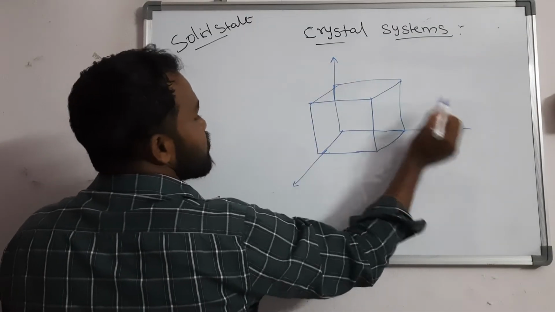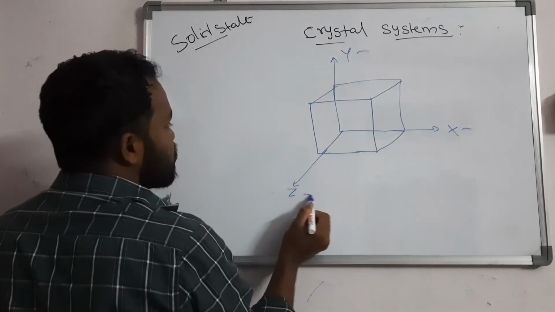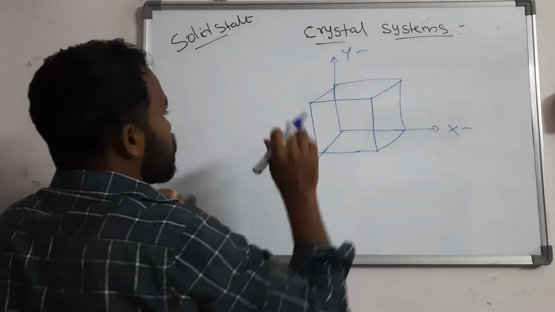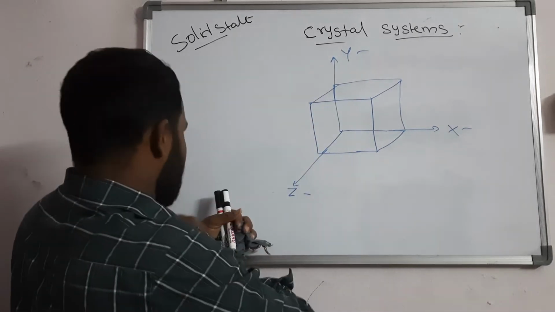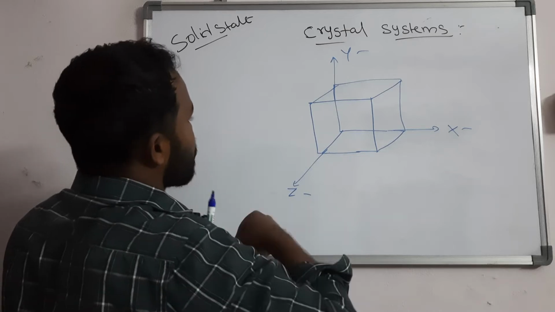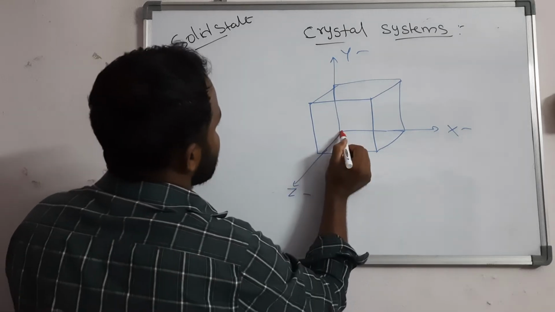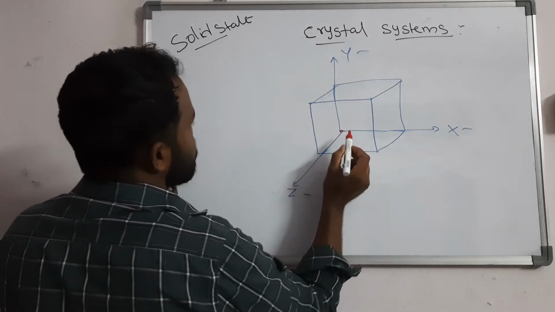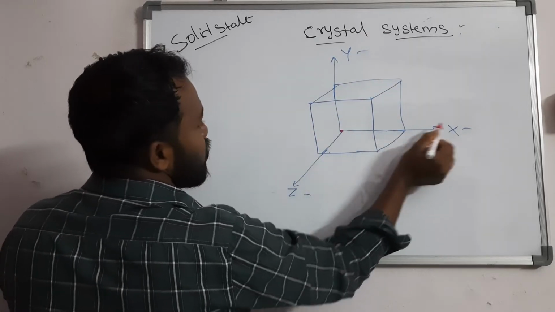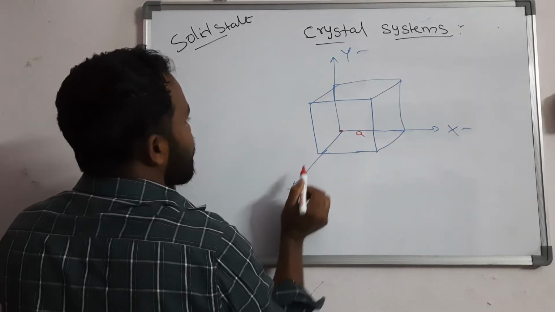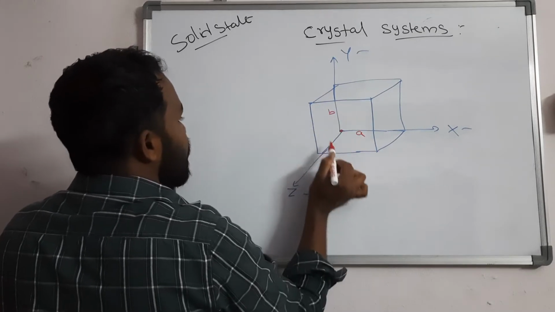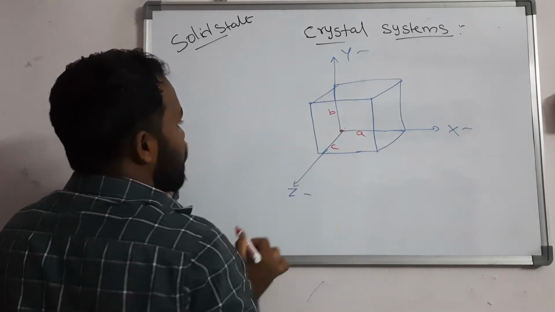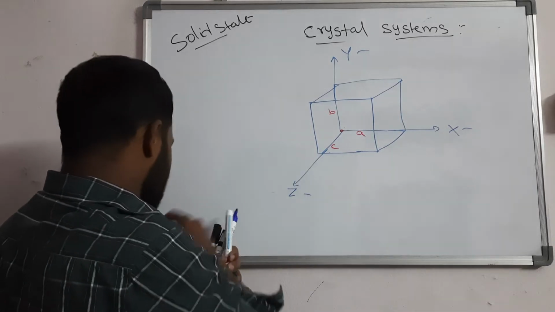They are the x axis, y axis, and z axis. The length along the x direction I am going to take as A, along the y direction as B, and along the z direction as C.